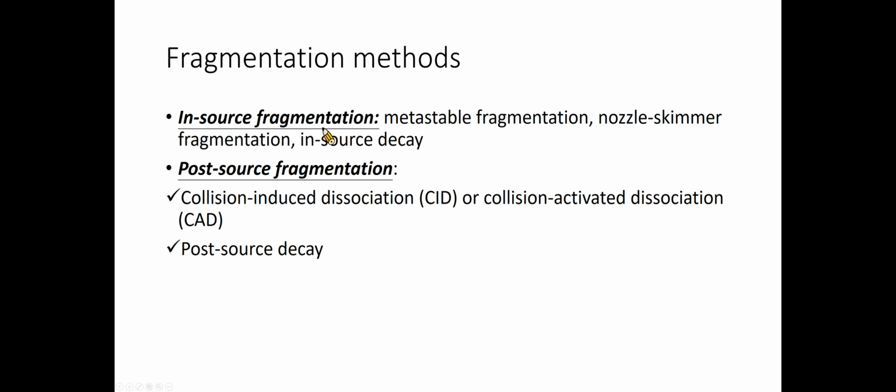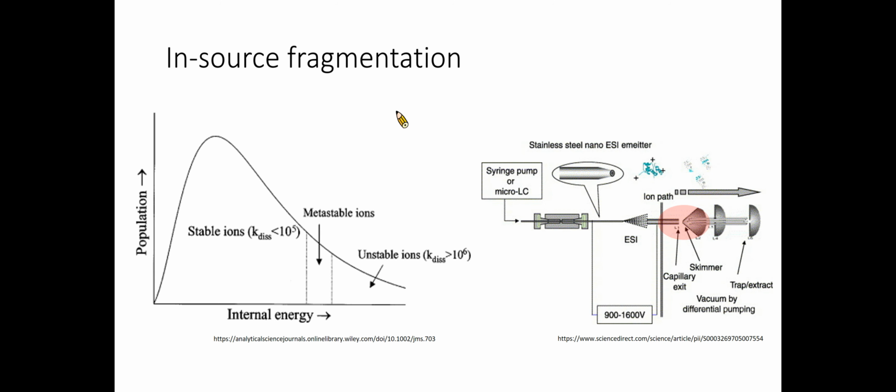Except for the aforementioned collision-induced dissociation, post-source fragmentation can include post-source decay in the time-of-flight mass spectrometer. If the product ions persist in their non-equilibrium states for a moderate amount of time before auto-dissociation, this process is called metastable fragmentation.